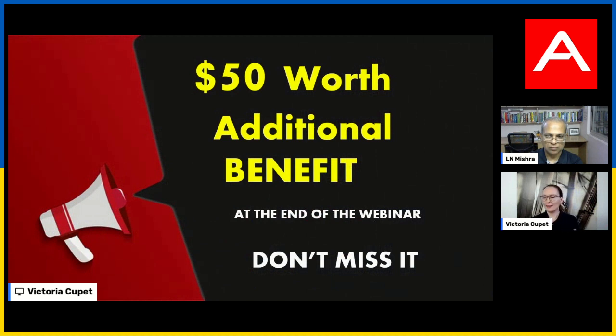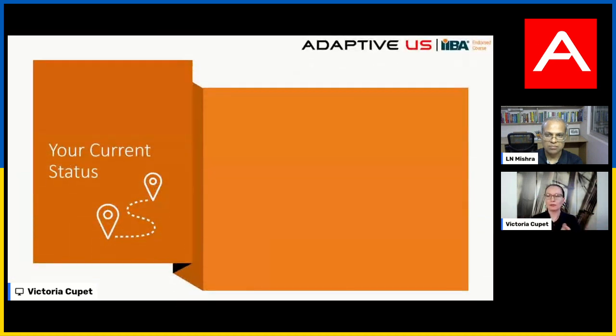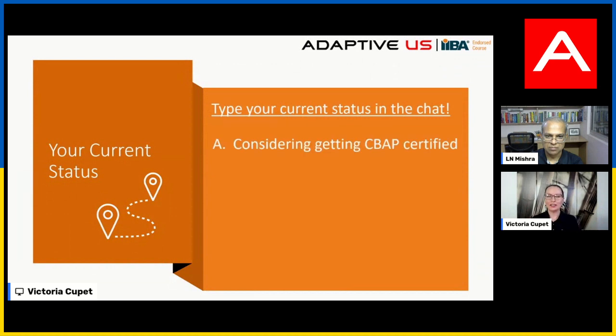So first of all, hi everybody, once again, and let's have a bit of engagement. Please write in the chat: what is your current state? Where are you located on this certification journey? Please type in the chat just a letter A if you are considering getting certified. That means you are not in the middle of the certification preparation, you are just considering. So that's option A. If you already started your preparation process, that's letter B, okay? B means I know I want it.